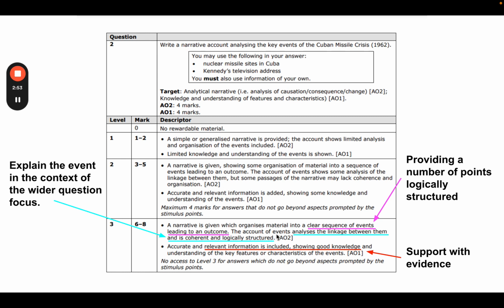The account of events analyzes the linkage between them and is coherent and logically structured. To ensure that you are doing this, you need to be explaining the event in the wider context of the question. And finally, accurate and relevant information is included, showing good knowledge. Simply put, once again, that is just supporting with evidence.